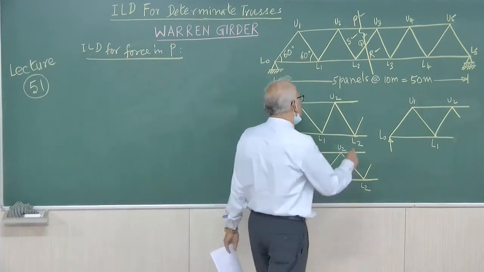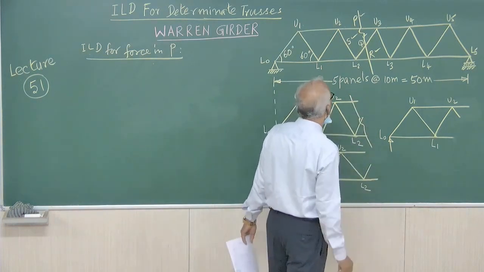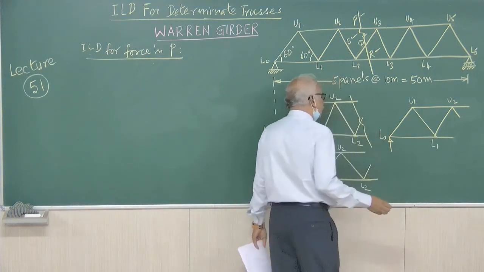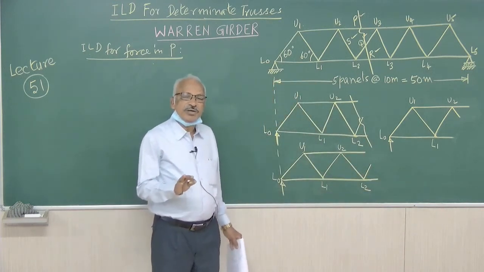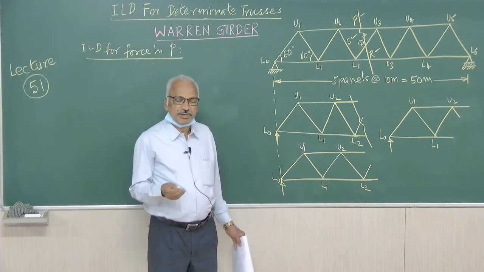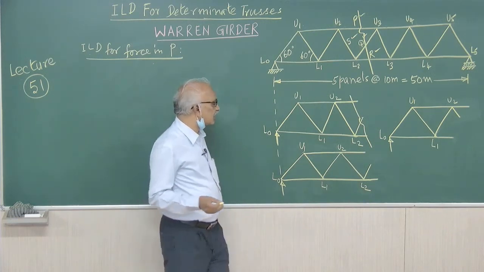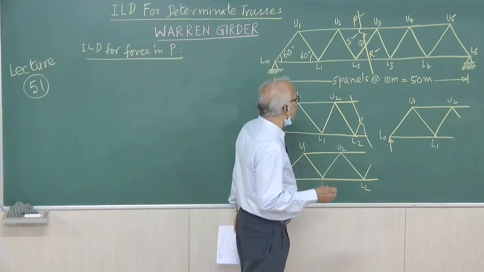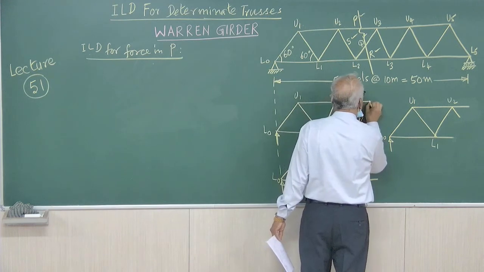Now this is our section line. Before cutting, all the members will be carrying some force. Member P will be carrying some force, member Q will be carrying some force, etc. Therefore, after cutting this, we will replace those forces.